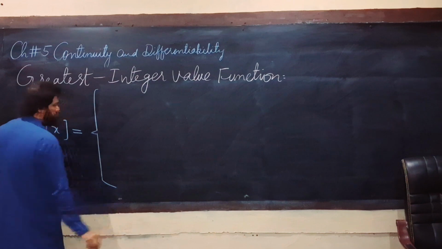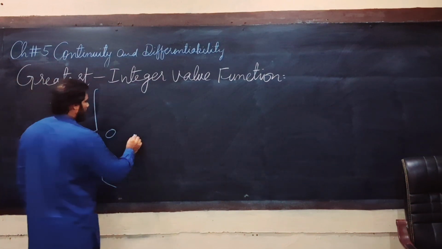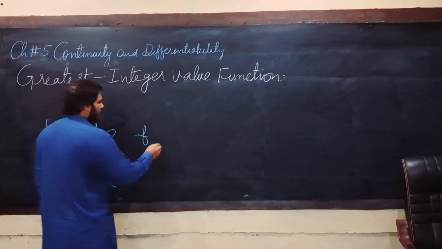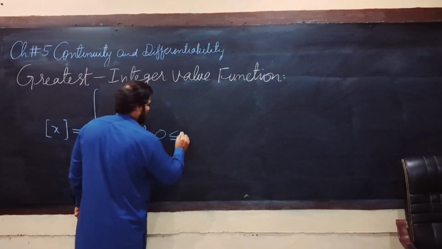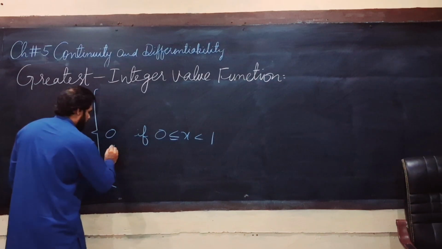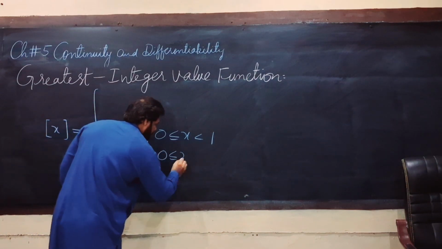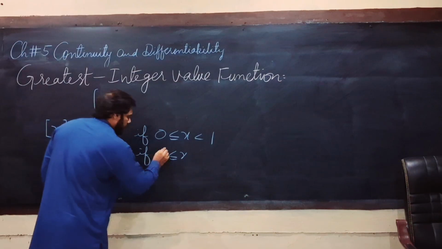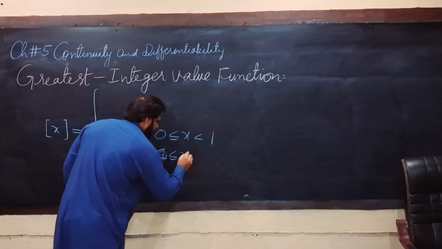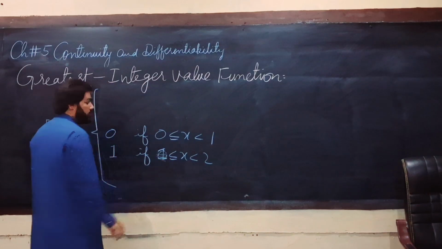and it can be defined as follows. It has a value 0 if your x lies between 0 and 1. It has a value 1 if your x lies between 1 and 2, where 1 is included in this interval and 2 is not.